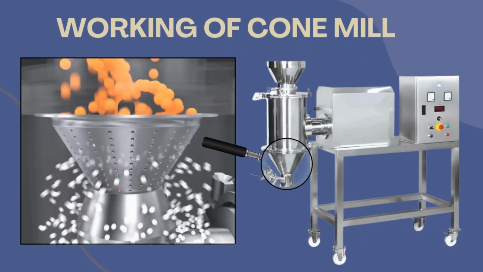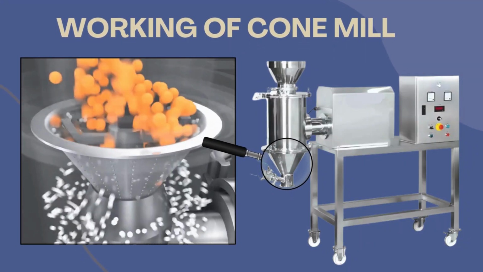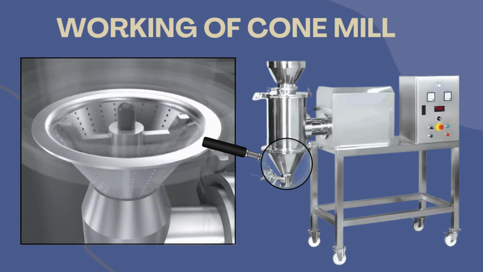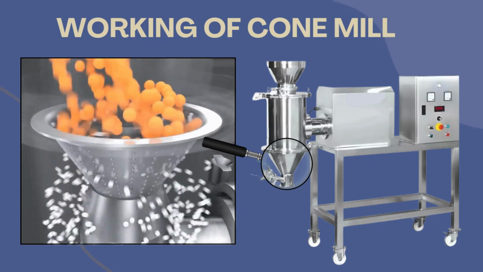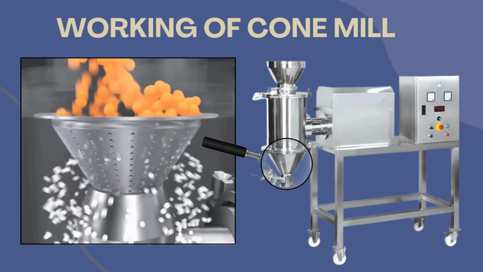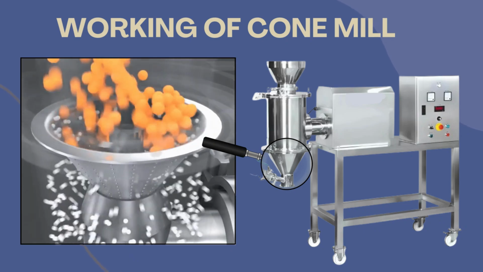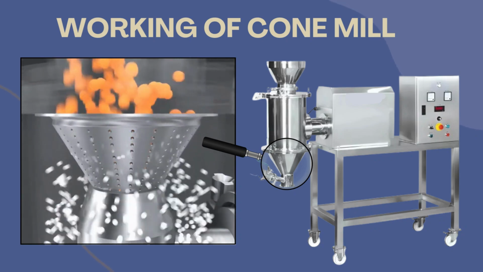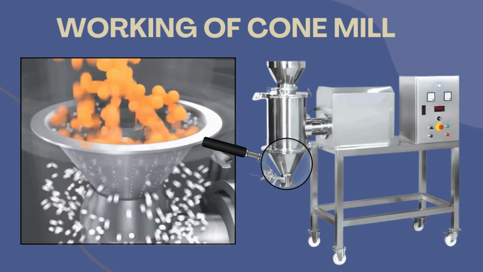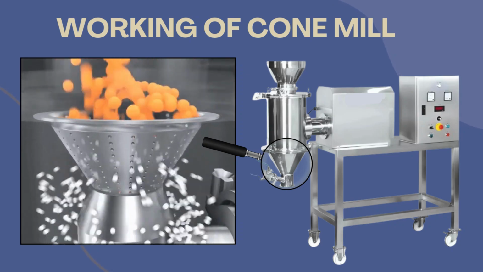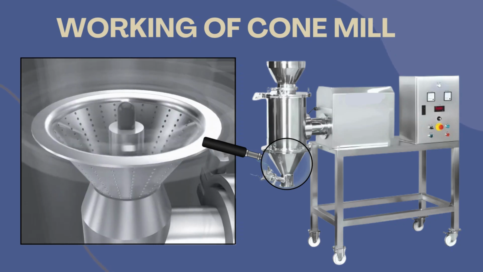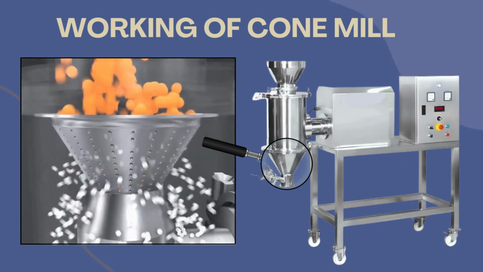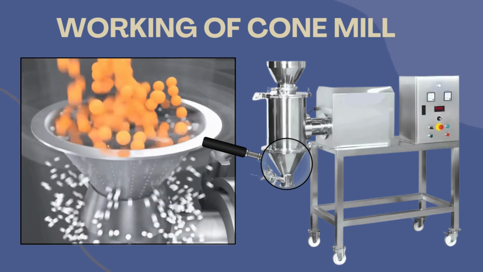Now moving on toward the second section of the video, which is the working of cone mill. Here the material is introduced into the cone-shaped chamber through the feed inlet, and inside the chamber, a rotor with blades spins at a very high speed and pushes the material towards the surrounding screen. This screen has small perforations, and as the material is forced against it, only particles small enough pass through the holes, making their way towards the discharge port.